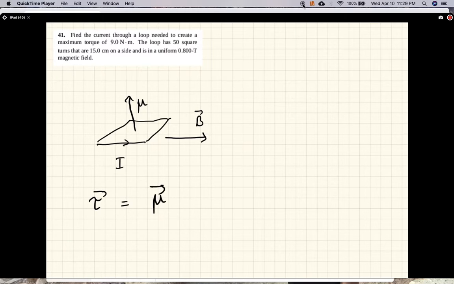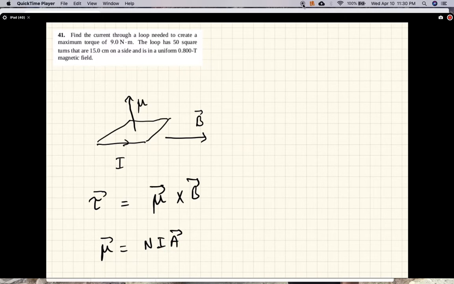The torque is given by this equation, mu cross B. And mu, the magnetic moment, is given by N I A, where N is the number of loops, I is the current, and A is the area of the loop.